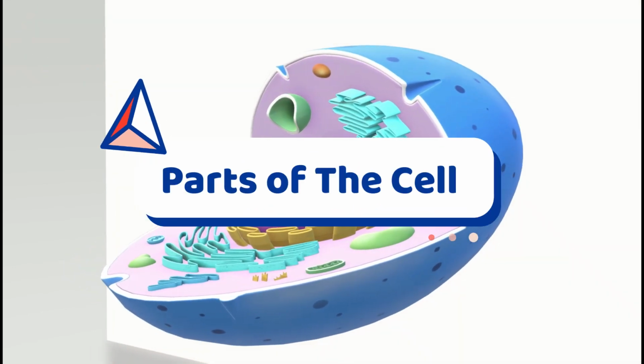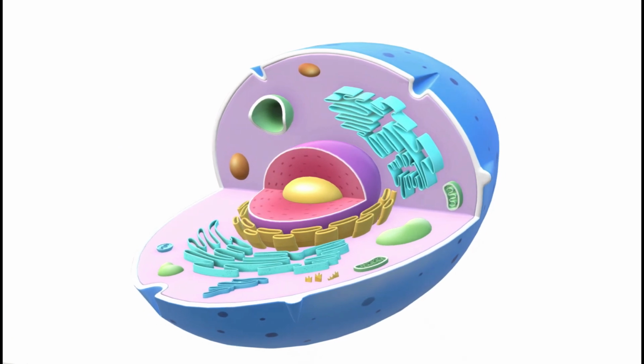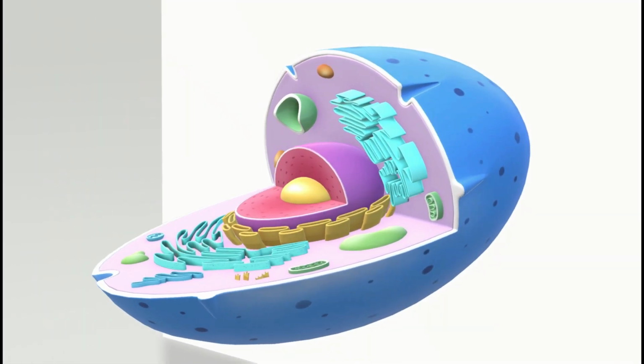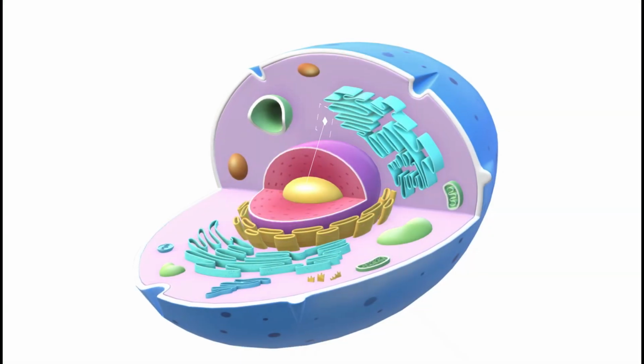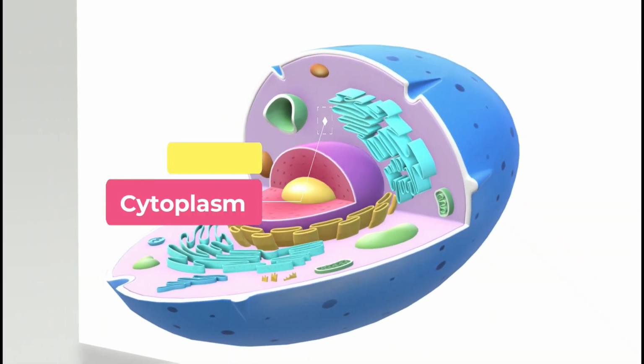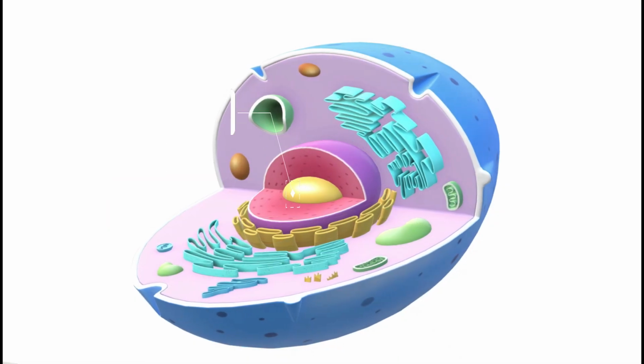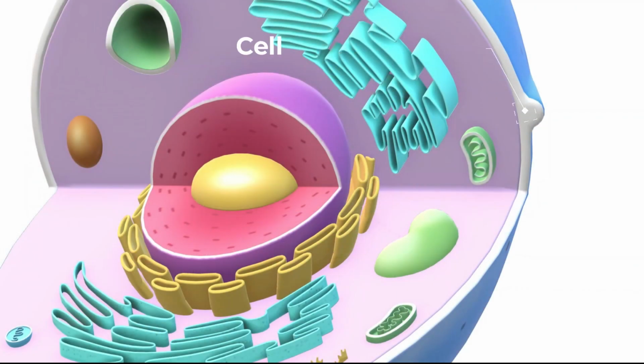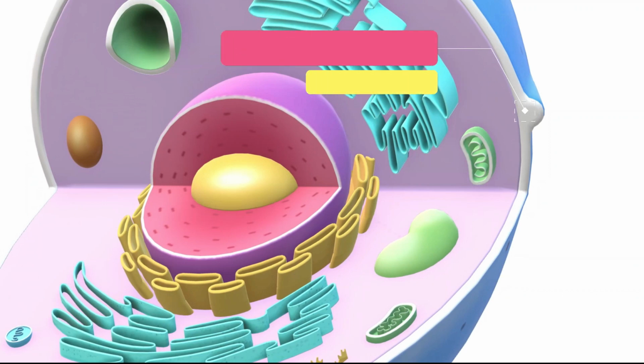Parts of the cell. The basic components of a cell are the cell membrane, cytoplasm, and the nucleus. Cell membrane, what does it mean?